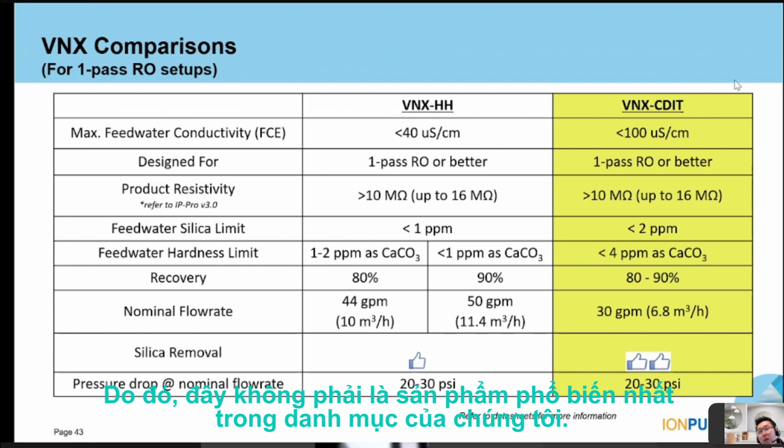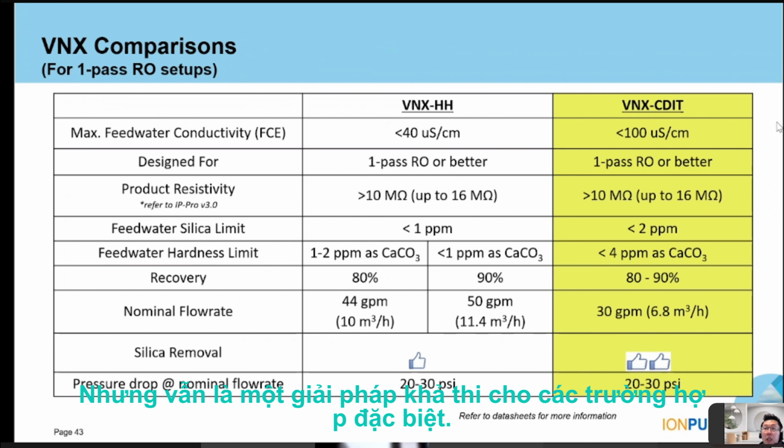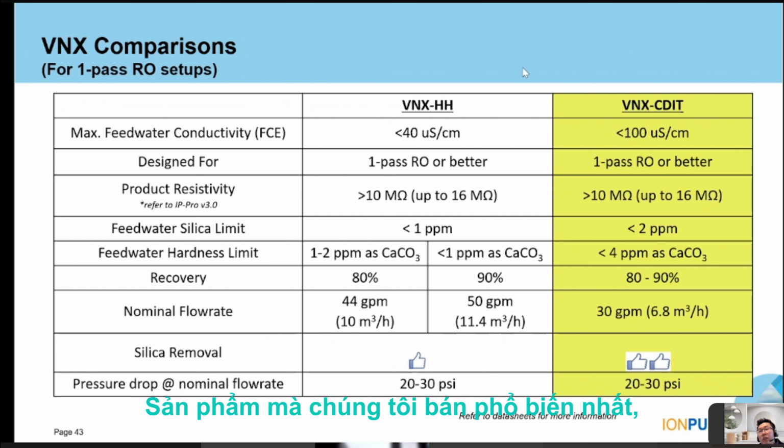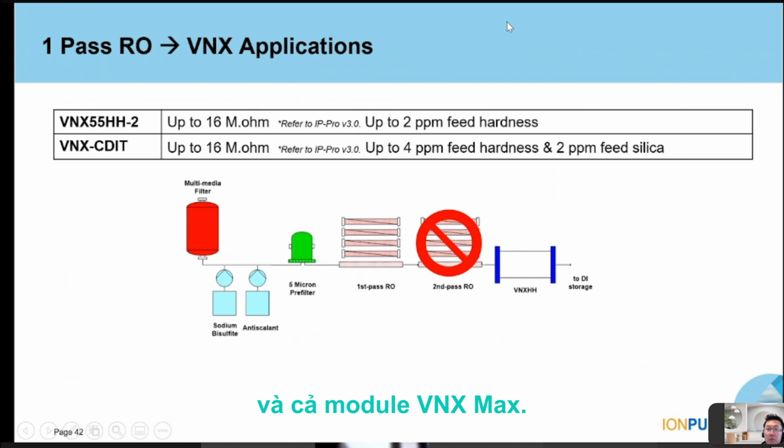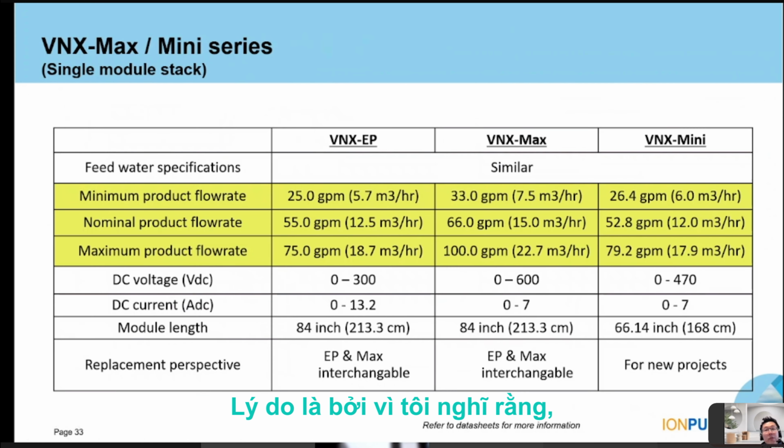So it's not the commonly sold product in our profile. What we always sell, and we have an extremely good track record, is the VNX, that is the EP modules, and also the VNX Max modules. That is because by default in Vietnam, a lot of them are going to use 2-pass RO.